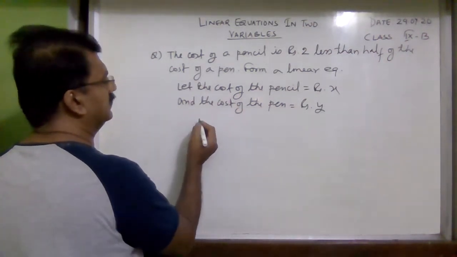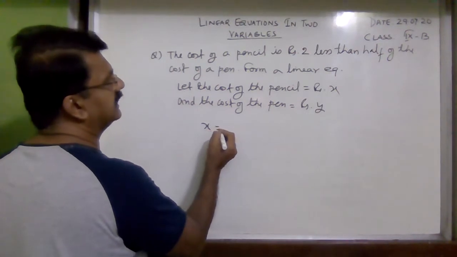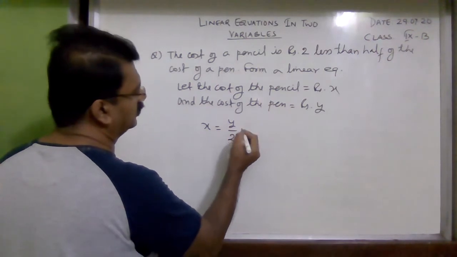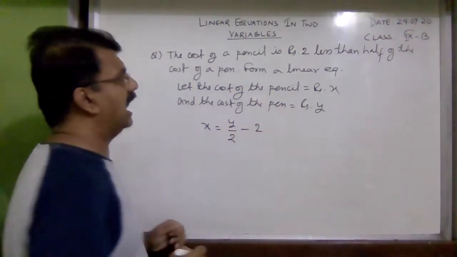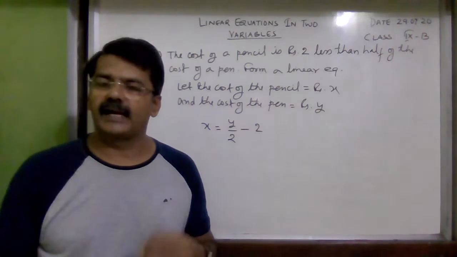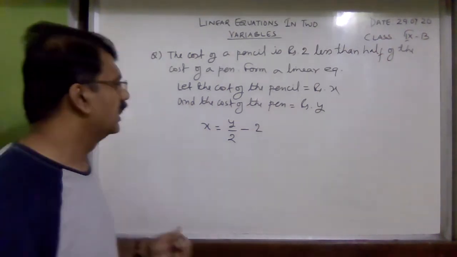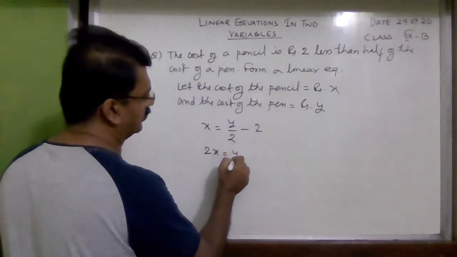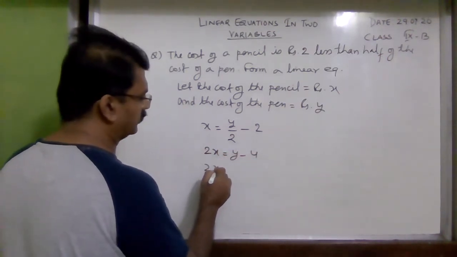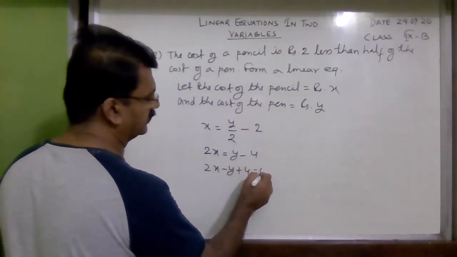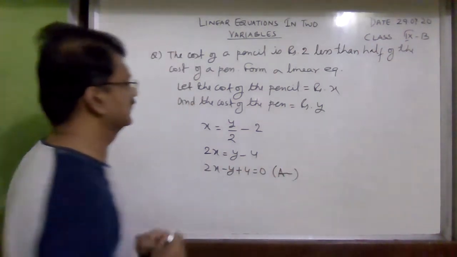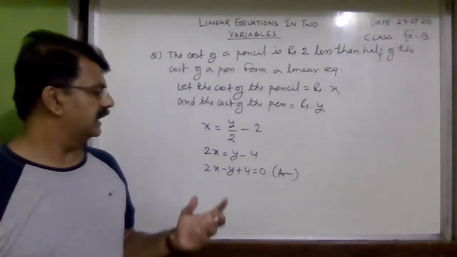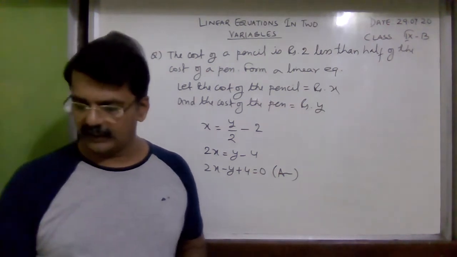Now according to the question, the cost of the pencil is equal to 2 less than half of the cost of the pen, means y by 2 minus 2. Half the cost of the pen means y by 2 and 2 less than that, so y by 2 minus 2. Now if you multiply the whole equation by 2, it will be 2x is equal to y minus 4, or you can say 2x minus y plus 4 is equal to 0, and that is your answer. Clear?